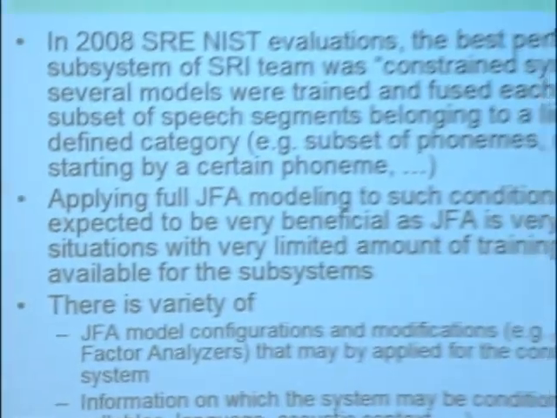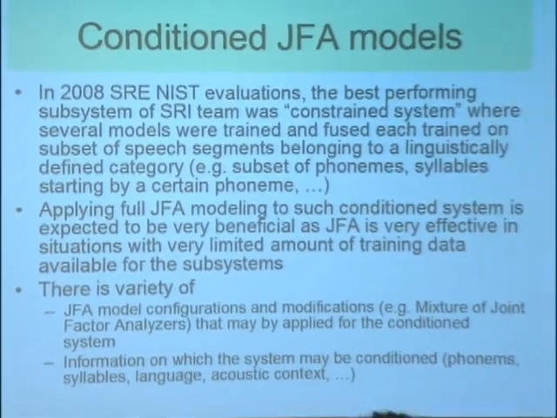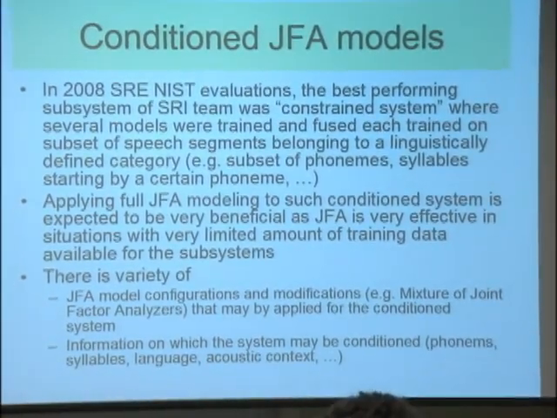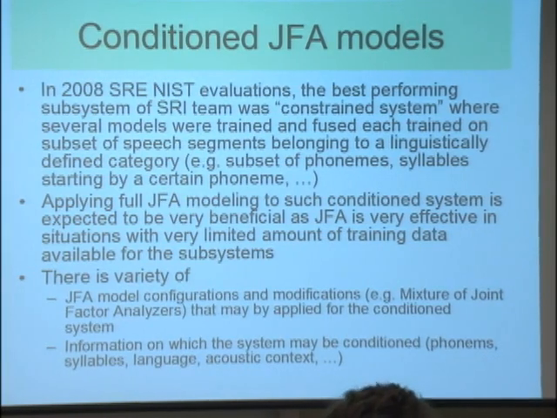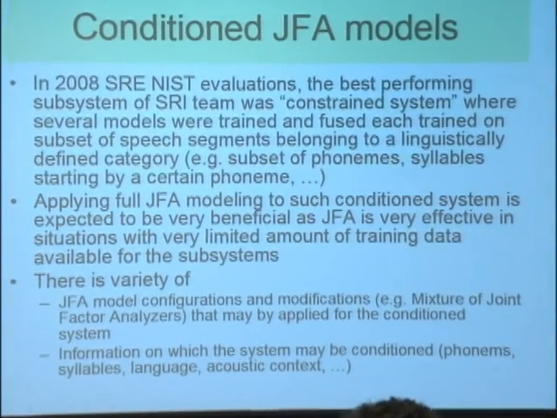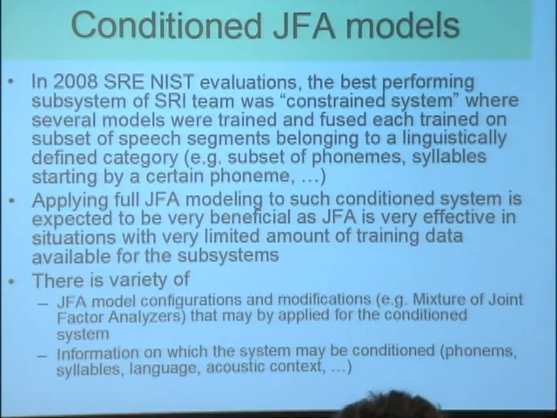And another thing that we would like to look at is conditioned joint factor analysis models. Again, in this year's NIST evaluations, the best performing subsystem of the SRI team was something that they called constraint models. They trained several subsystems, each trained on a subset of speech segments where the subset of the speech segments always belongs to some linguistically defined category.